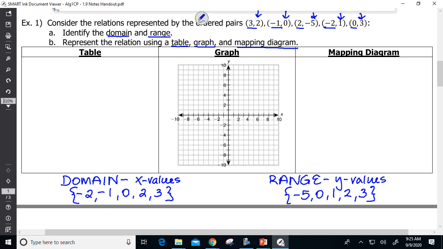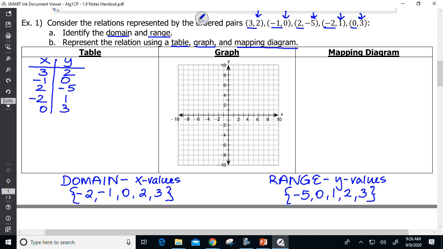So, next thing is a table. We're going to take the ordered pairs and put them in a table. If we take the ordered pairs and put them in a table, 3 goes with 2 because they were paired off with each other. -1, 0; 2, -5; -2, 1; 0, 3.